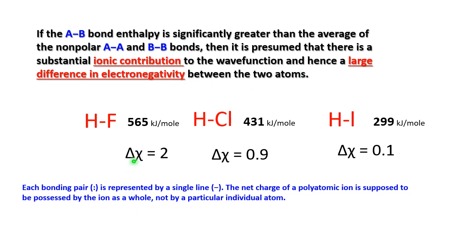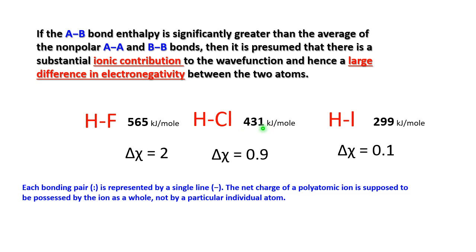Now let's just quickly look at it. Difference of electronegativity between hydrogen and fluorine is around 2, and we have very high energy if we compare to simply covalent bond, higher than we should expect.